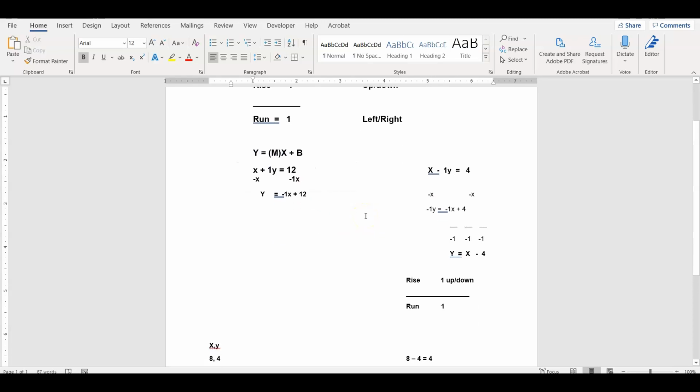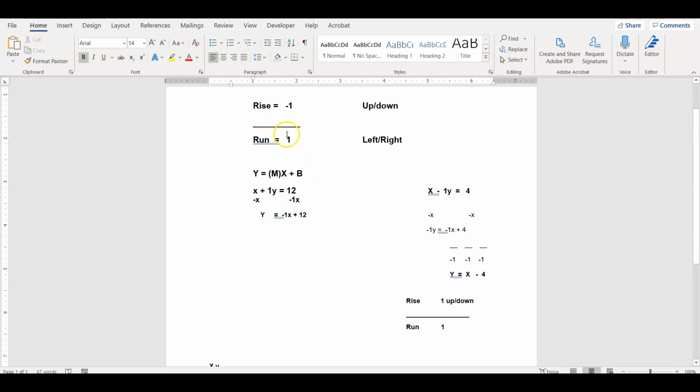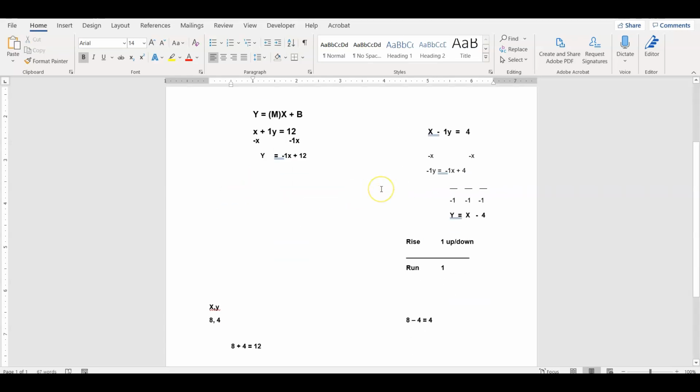Don't forget that when you use your slope, the number that represents m, it must be in fraction form. So you just take that number and put it over 1, and you will have your fraction that will help you go through the graph. The top number tells you to go either up or down. We say this is the rise. And the bottom number tells you how many times to go to the right, or if it's negative, to the left.